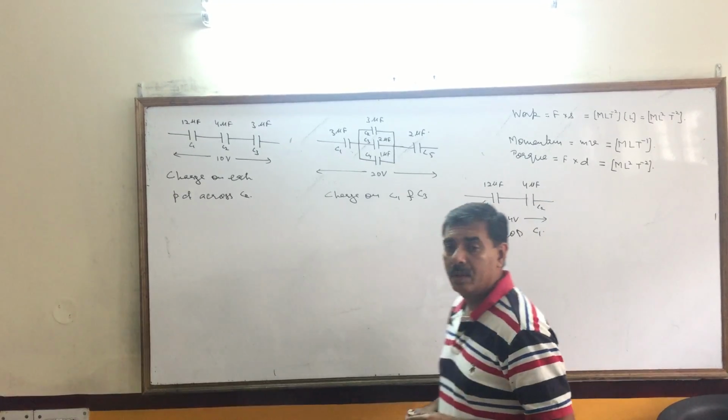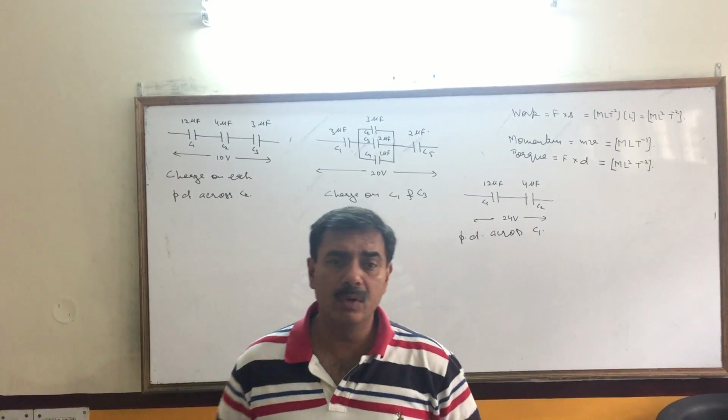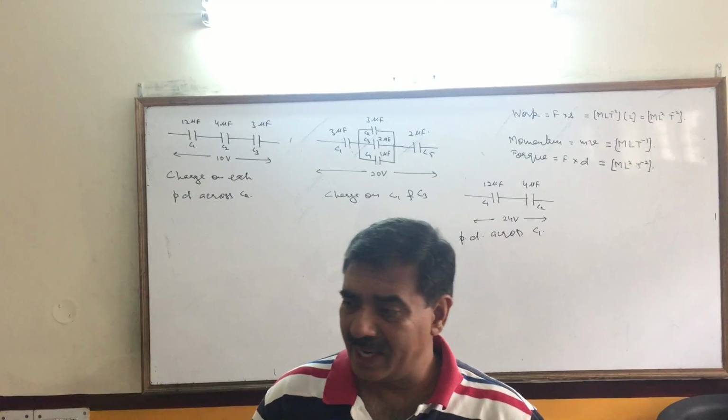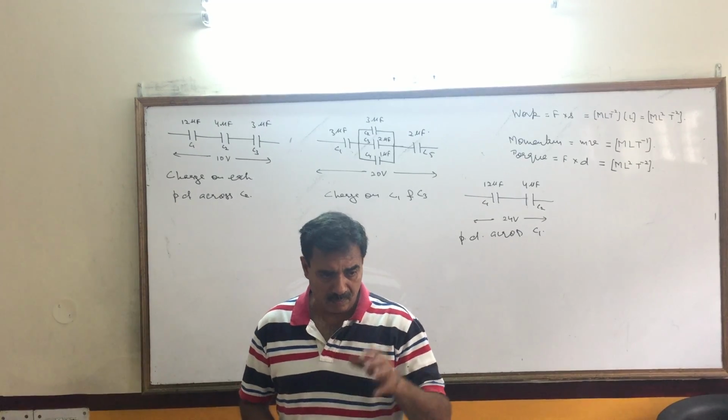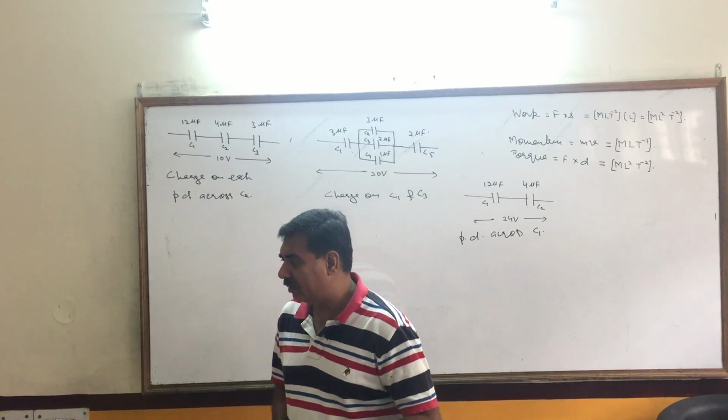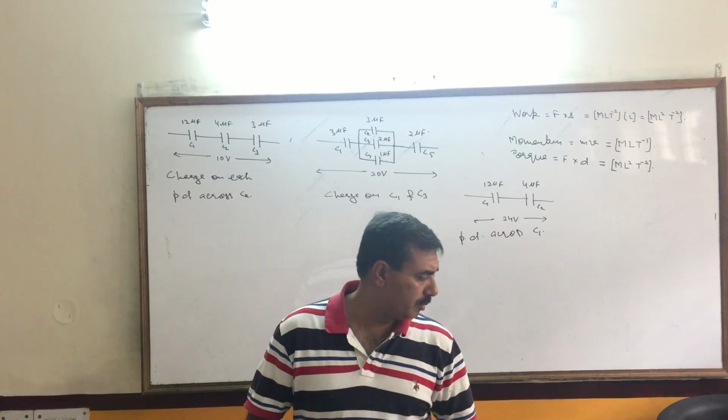Three basic questions being given to you, which is going to remind us how to determine the potential difference across various capacitors and the charge on each. Then we will graduate to major problems today.